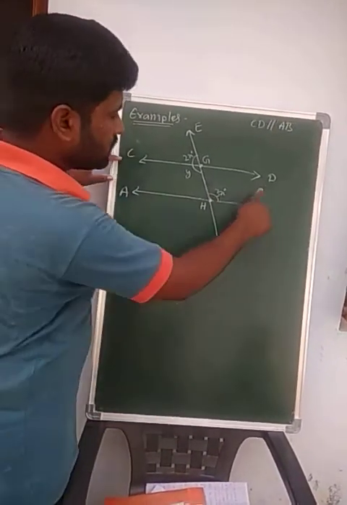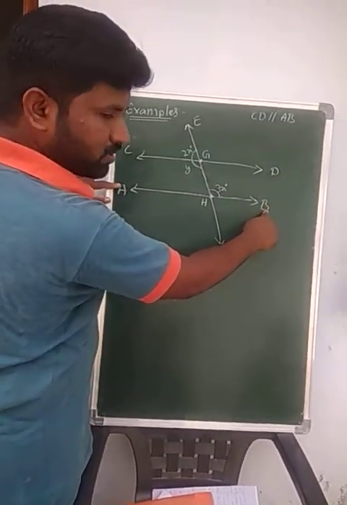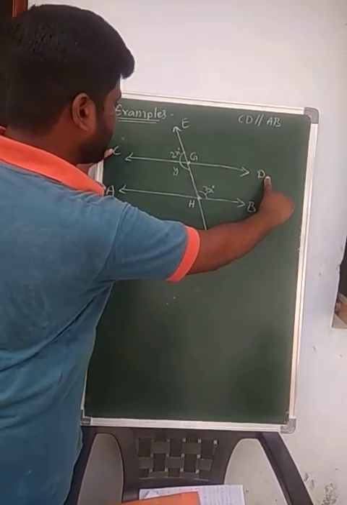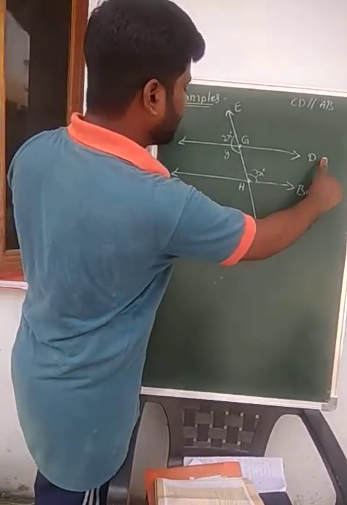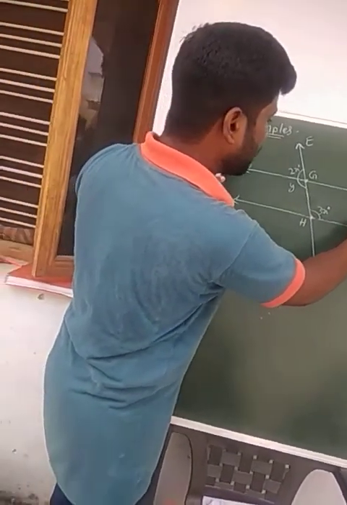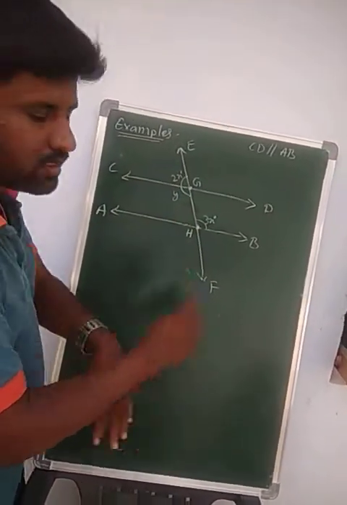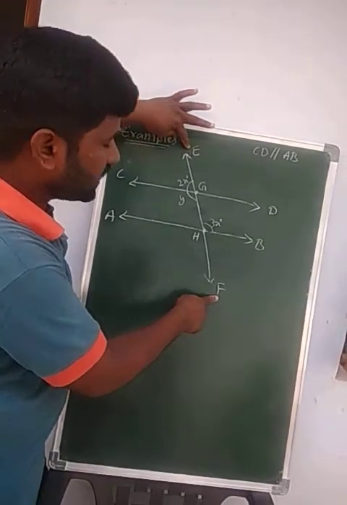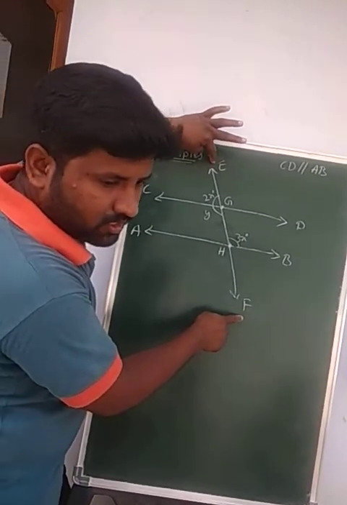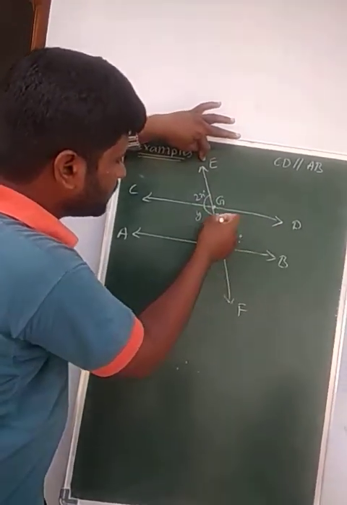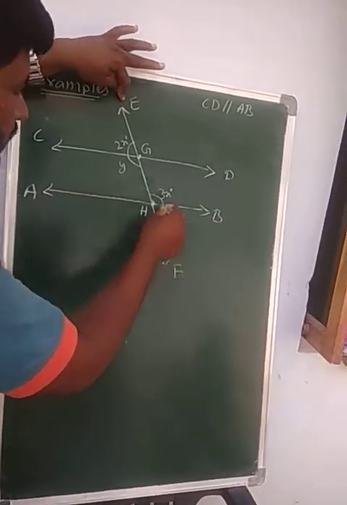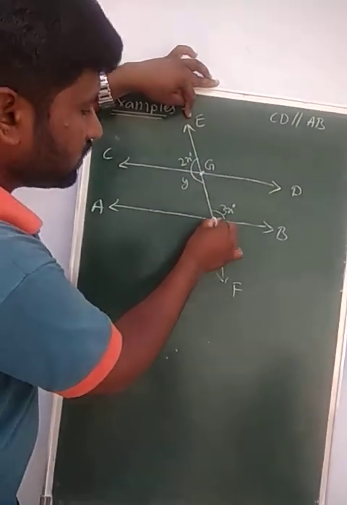The line AB and the line CD are parallel lines, which means they do not intersect. And EF is another line, a transversal which intersects the other two lines CD and AB at G and H.